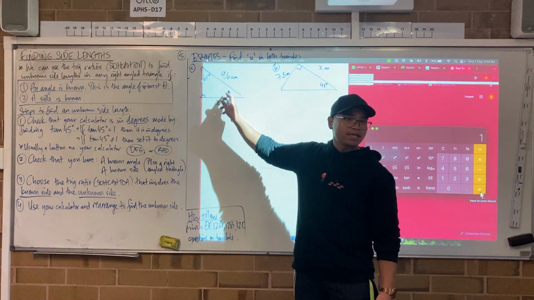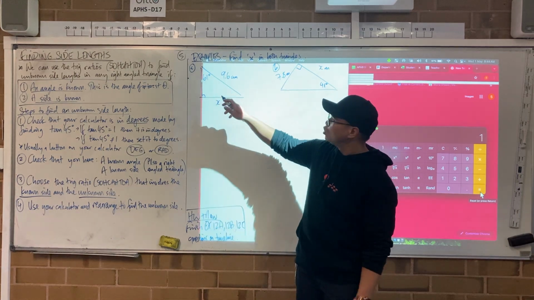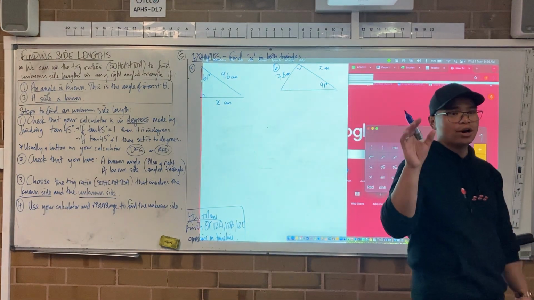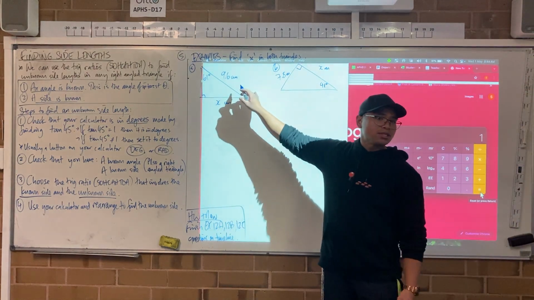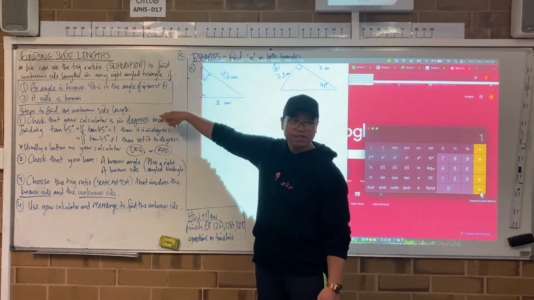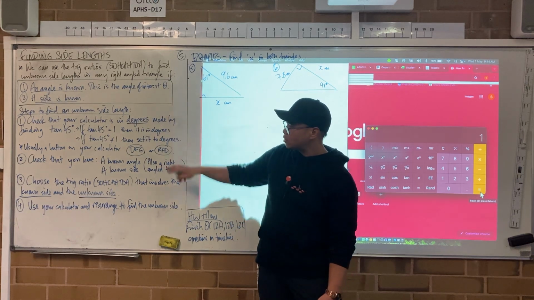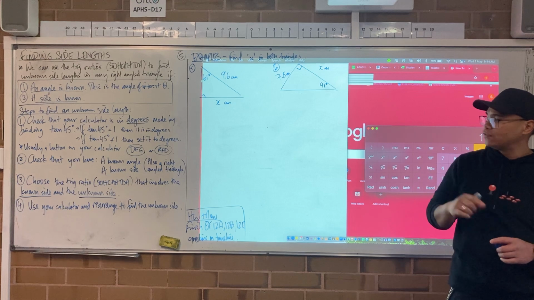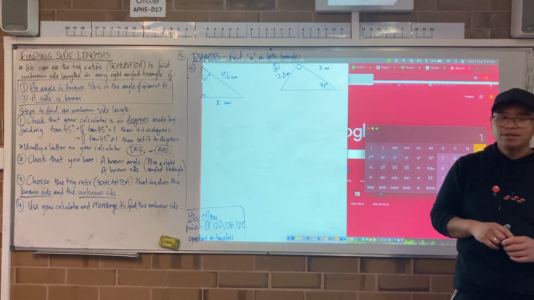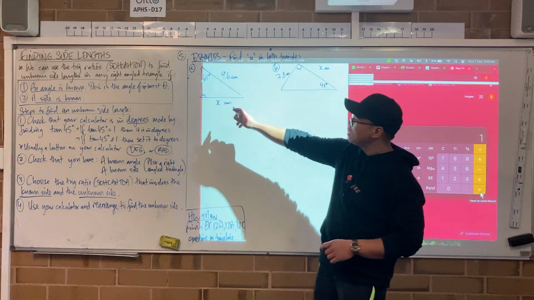Do I have a right-angled triangle? Yep. Do I have an angle that I know that's not the right angle? Do I have a known side? So that fits these requirements. So choose the trig ratio, SOHCAHTOA, that involves the known side and the unknown side. So let's label this.